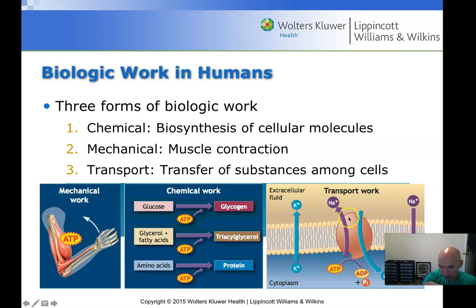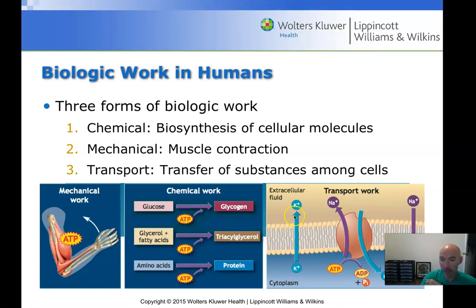So when you all take biology or human anatomy and physiology classes down the road, you'll learn that our cell membranes have transporters that allow things to move in and out of cells, okay? Some of those transporters require energy in order for them to function.